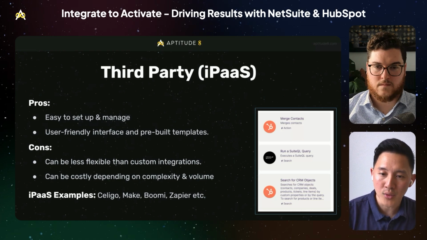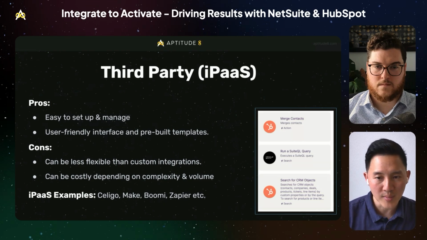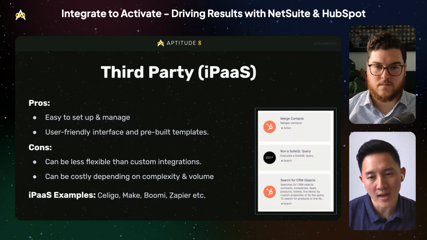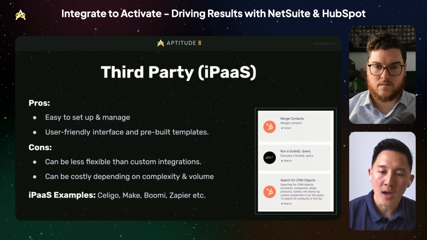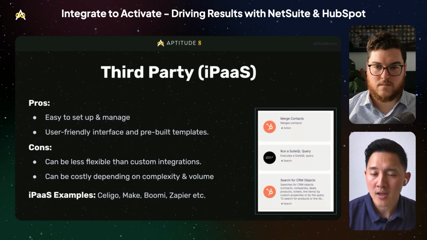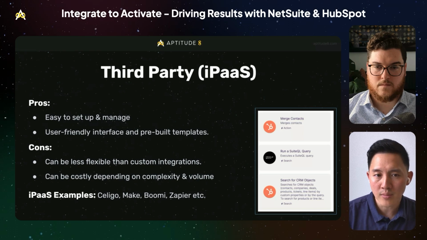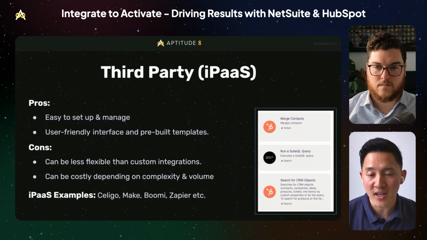Now, unlike the suite apps in the previous two slides, it gives you a little more customization. So if you did need to add a slight script here and there, you would be able to do that. Typically, I would say someone that's running an iPaaS is a business analyst, or an IT or systems administrator.